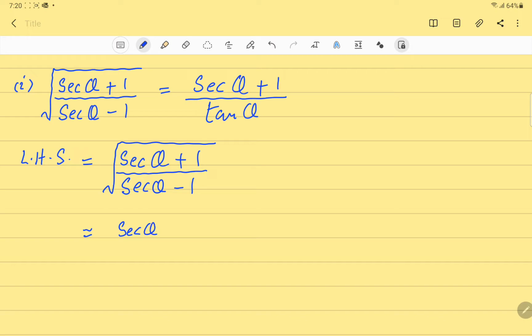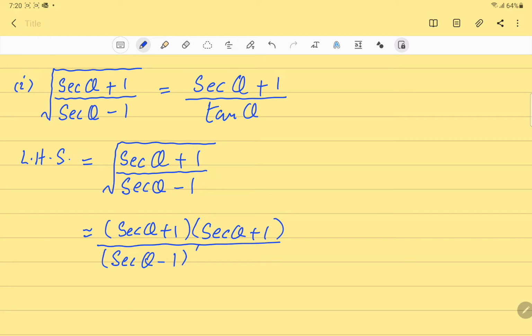So secant theta plus 1 into secant theta plus 1 over secant theta minus 1 into secant theta plus 1, whole under square root.